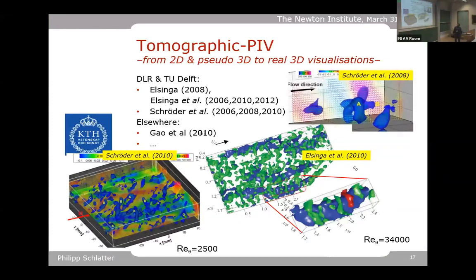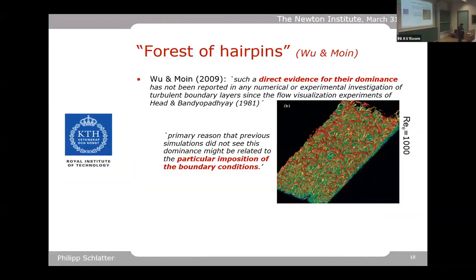Experiments at the same time, three-dimensional experiments. I guess it's a little bit difficult when it comes to the resolution at that time to find out exactly how structures look like with the spatial averaging, etc., going on. But there's certain aspects where you could potentially identify hairpin vortices.